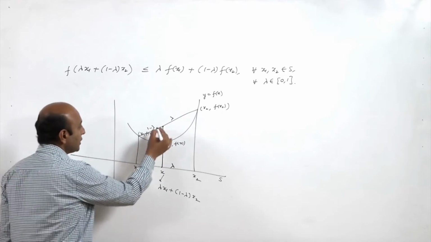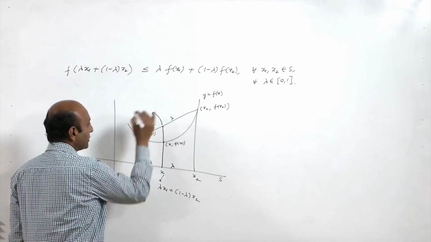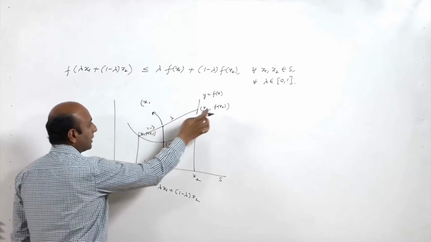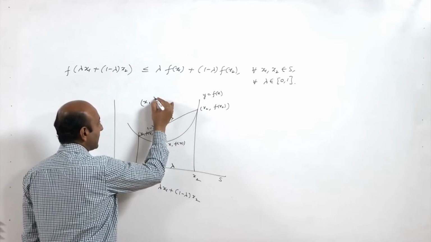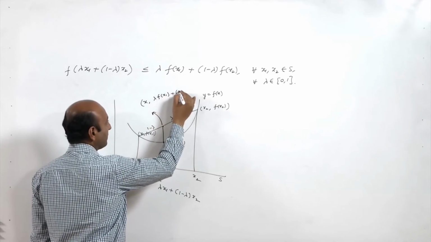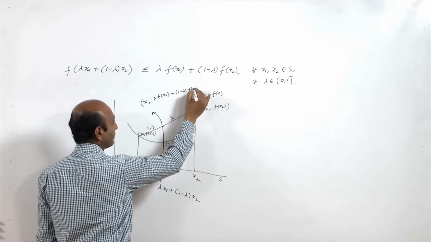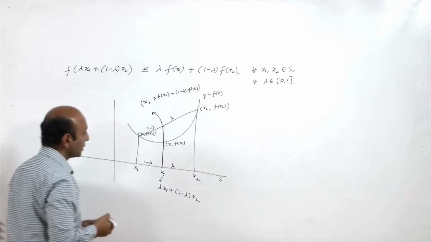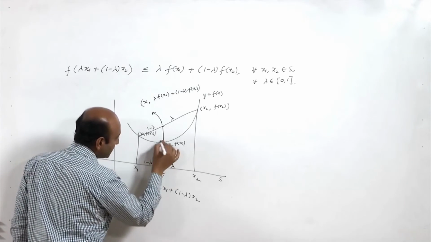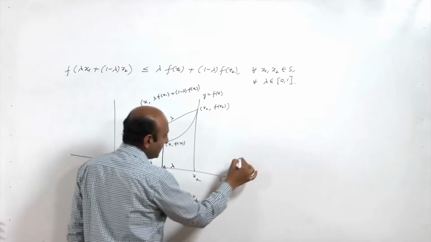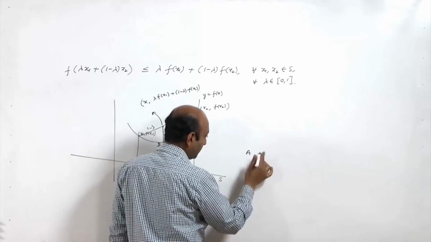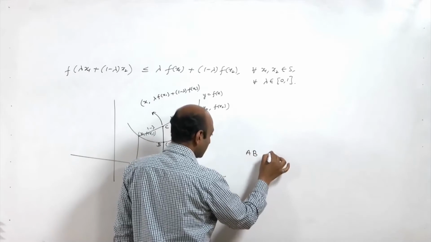So what will be the coordinates of this point? This point will be x comma lambda f x1 plus 1 minus lambda f x2. If we call the points A, B, C, then AB is always less than or equal to AC.